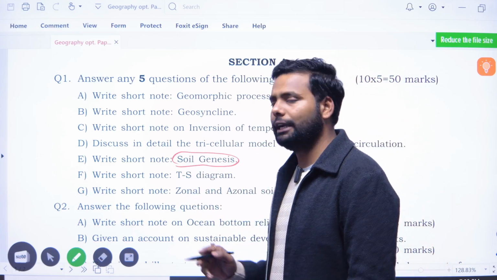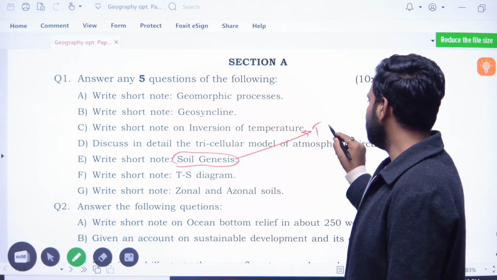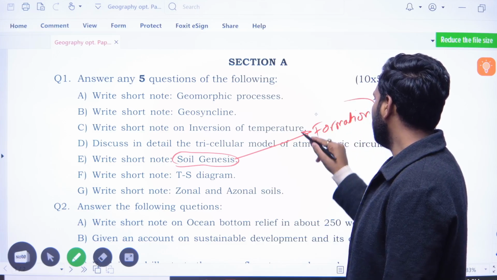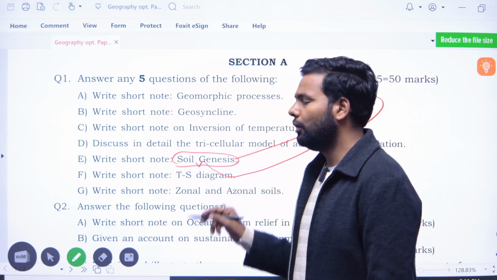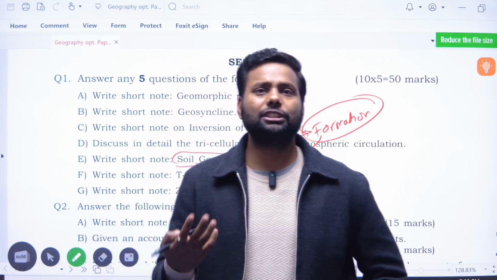Okay, now the next question is soil genesis. We all know that here the question is soil genesis. Genesis means this question demands the factors of the formation of soil. What are the factors which are responsible for the genesis of the soil?